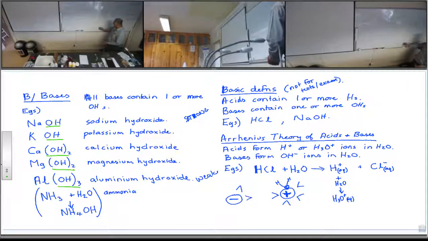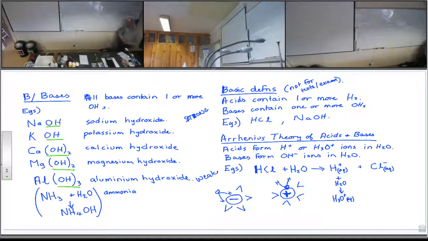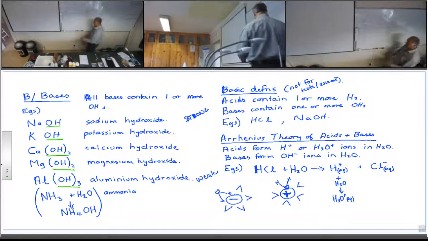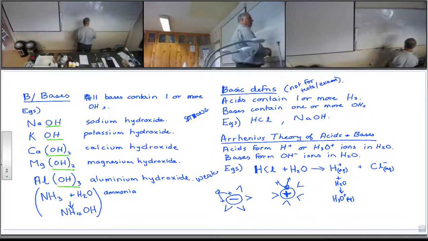The hydrogen portion, the positive portion, pointing towards the ion. Hydrogen, hydrogen, oxygen, like that. That's what aqueous means. Waters packed around that ion. Okay, we're all happy with that? Okay. So that's Arrhenius' theory.